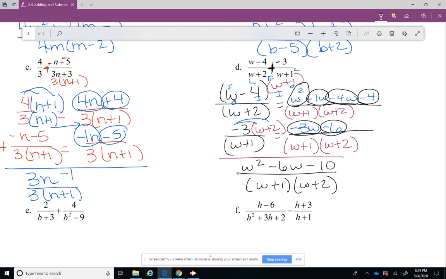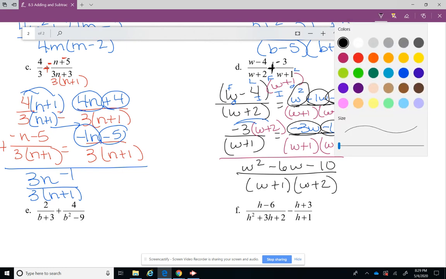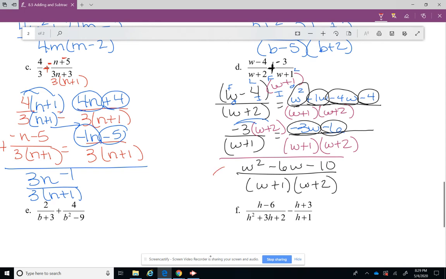Now, normally I would see if I could factor this, but I know there's no way on earth I can get a negative 6 out of 10 and 1 being the factors or 5 and 2 being the factors. So you do not have to do that step. That is your answer right there.